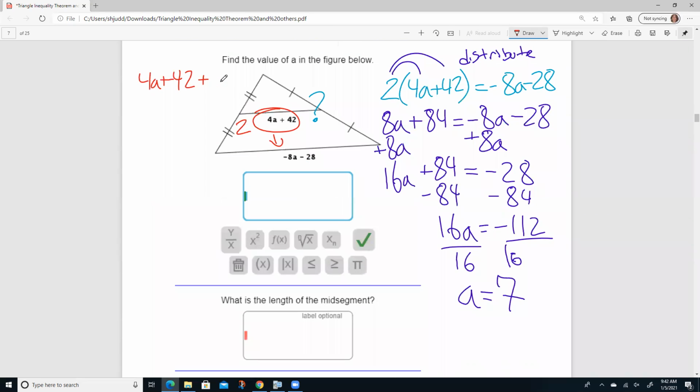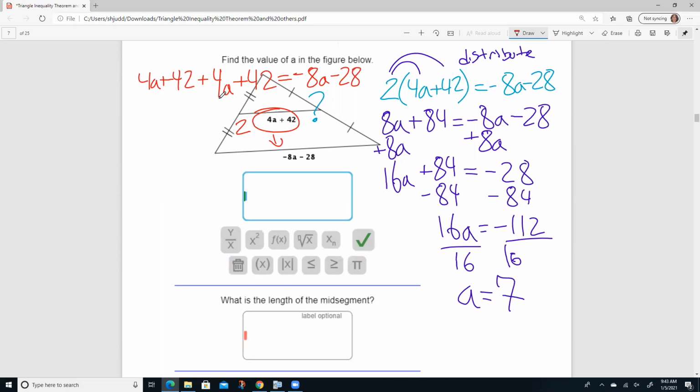There we go. Strange. Anyways, so we're going to take 4a plus 42 plus 4a plus 42. So there's 2 of them, equals negative 8a minus 28. Okay.